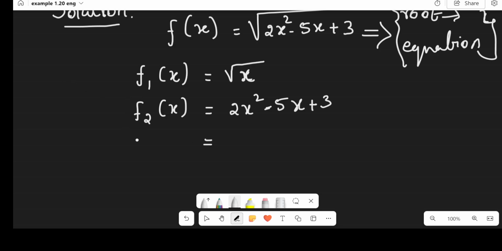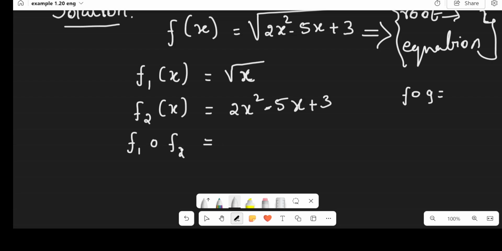We have f1 and f2, right? So we can say f1 of f2. In the previous example, we found f of g. Why? Because f of x was given, g of x was given. Here we are taking f1, f2, so I'm taking f1 of f2.